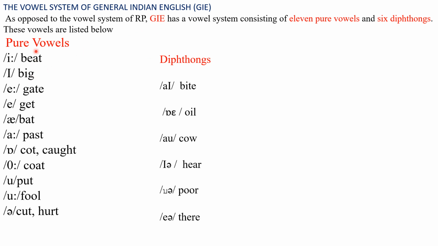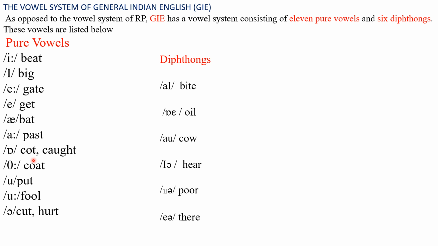So let us see what the pure vowels and diphthongs in GIE are. So we are reading GIE: long, beat, big, gate, get, bat, past. Here we see caught, caught. In this GIE concept, General Indian English, there is no difference between these two sounds, whereas in RP there is a distinction.